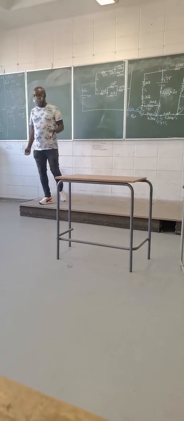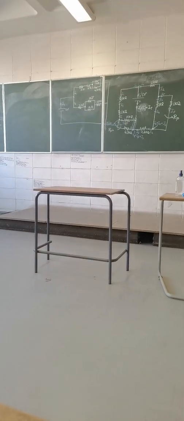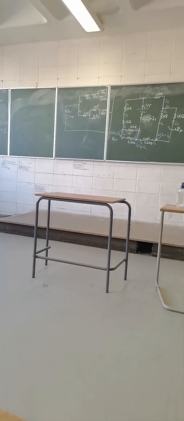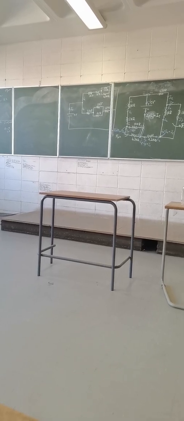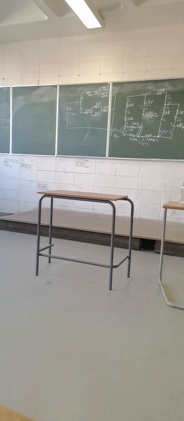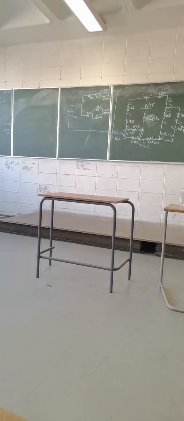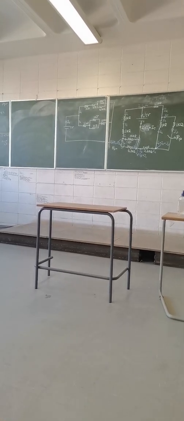Which one is more simple? If it's given to you in this manner or when it's given to you in this manner? Which one would you prefer? This one or that one?